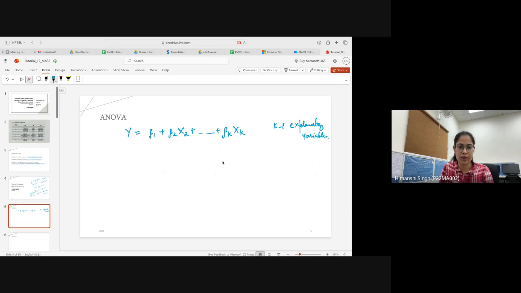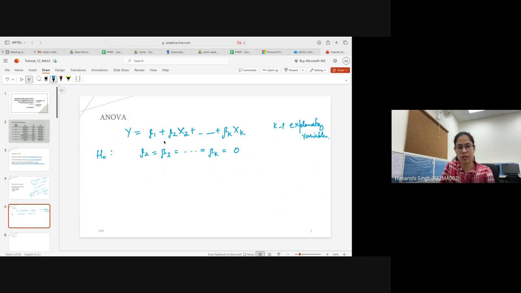If we consider that, then the hypothesis is as follows. H naught will be, not beta 1, we will consider beta 2 equals beta 3 equals, till beta k equals 0. Okay, we are not considering the intercept term here.